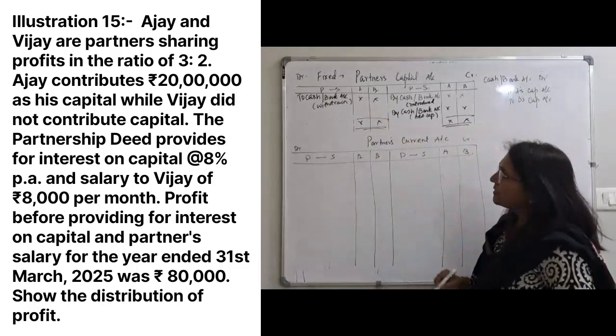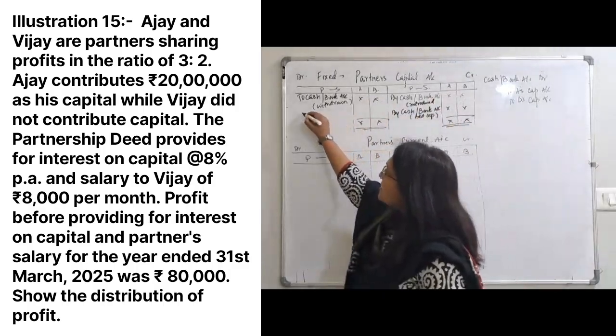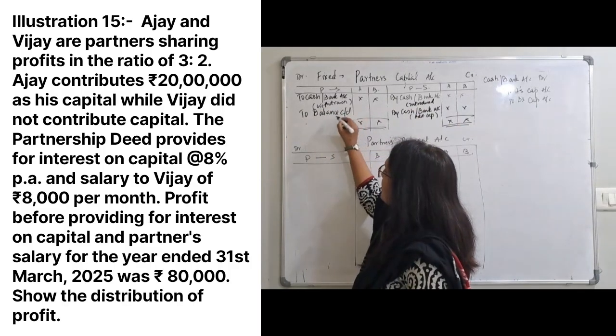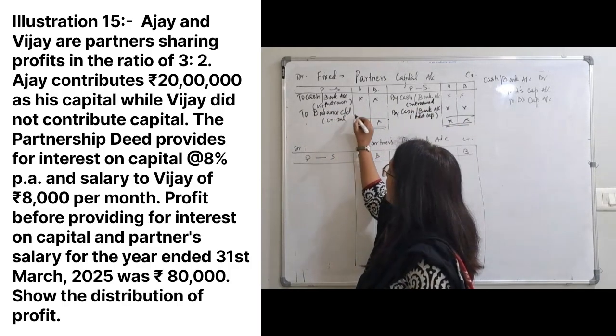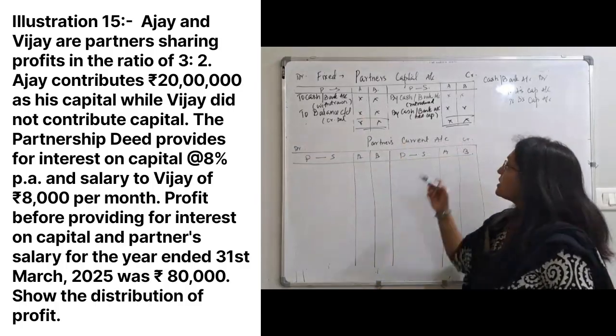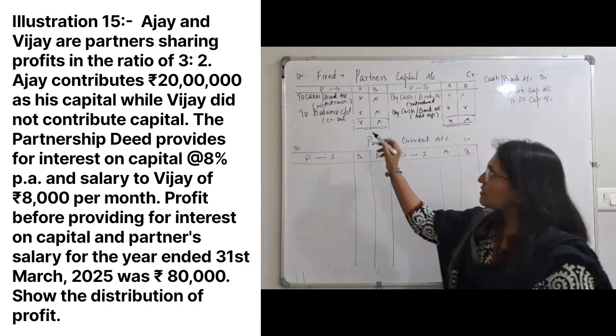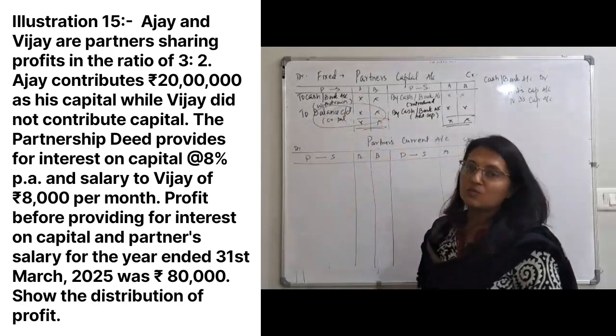That's it. This will be your credit balance. To balance carried down, this will always have a credit balance. This will always be more because you cannot obviously withdraw more than what is there in the account. So that is why you always have a credit balance here.